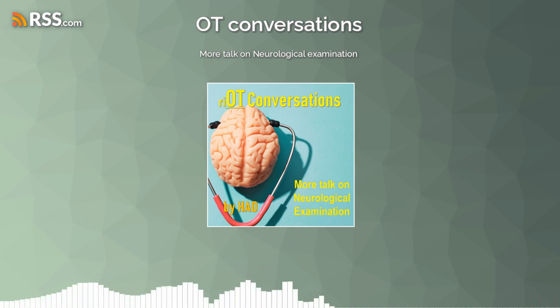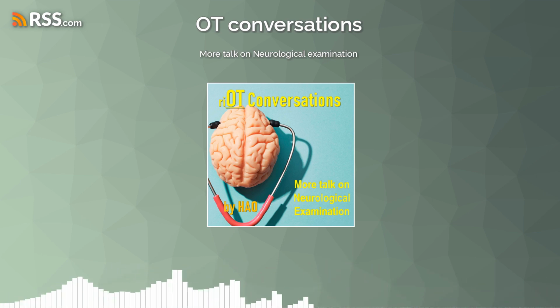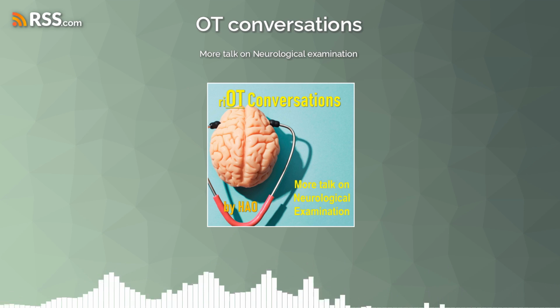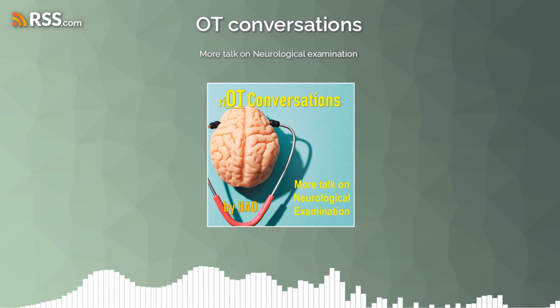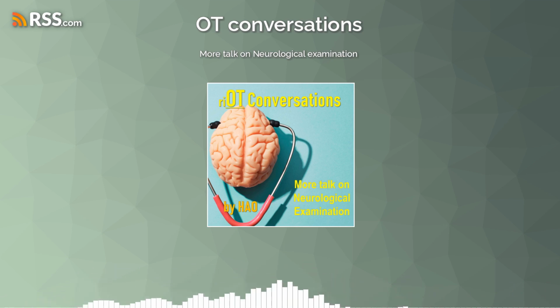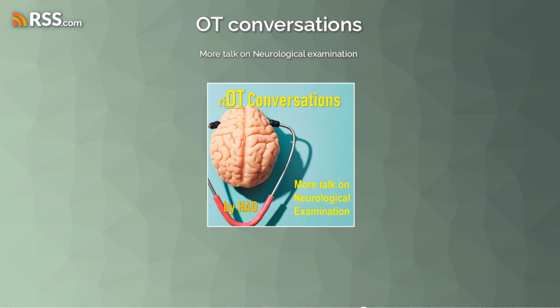So if somebody has dysarthria, they'd be able to name, they might be able to repeat, the fluency is good, comprehension is good, and it's normal. Additionally, the patient can also read without any errors.